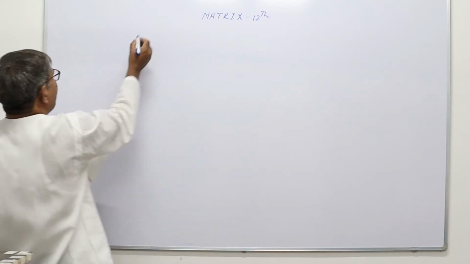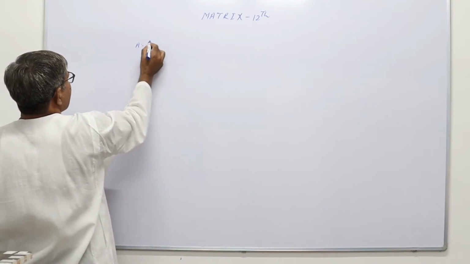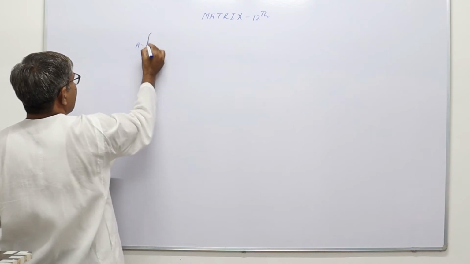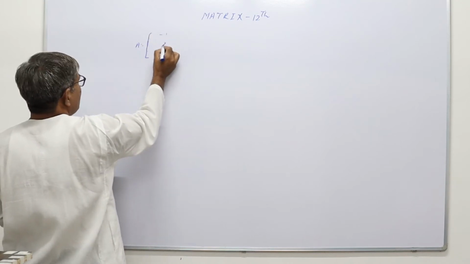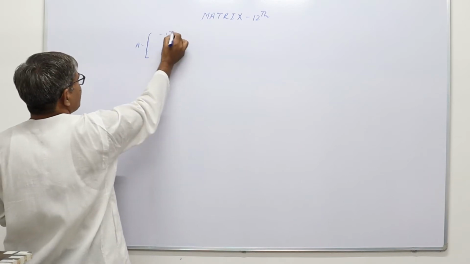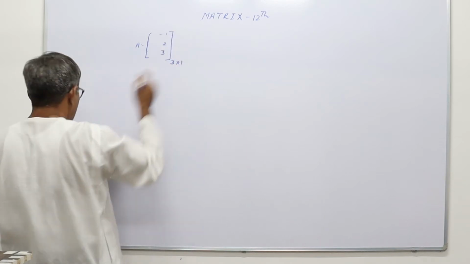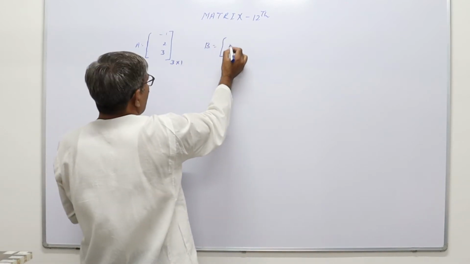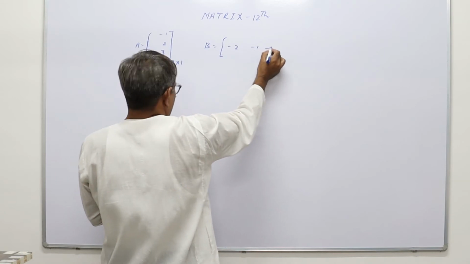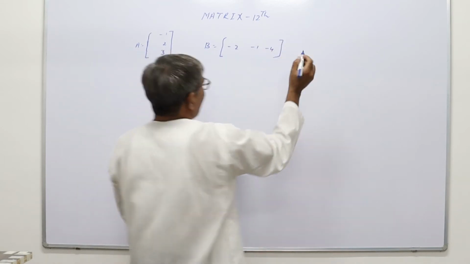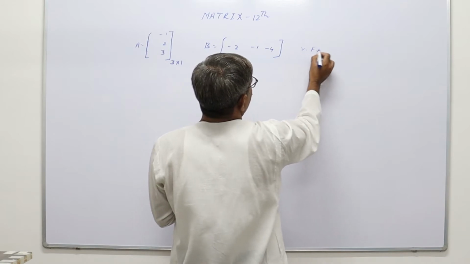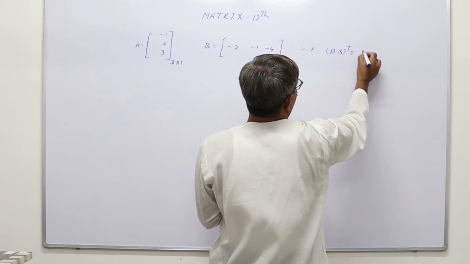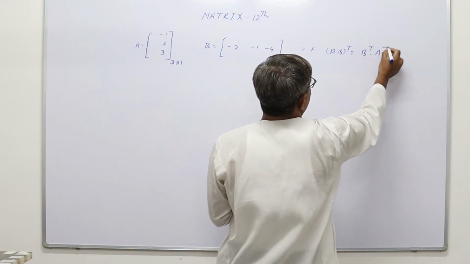Given matrix A is equal to [-1, 2, 3], that is a 3 cross 1 order matrix, and matrix B is equal to [-2, -1, -4]. Then verify that AB whole transpose is equal to B transpose into A transpose.